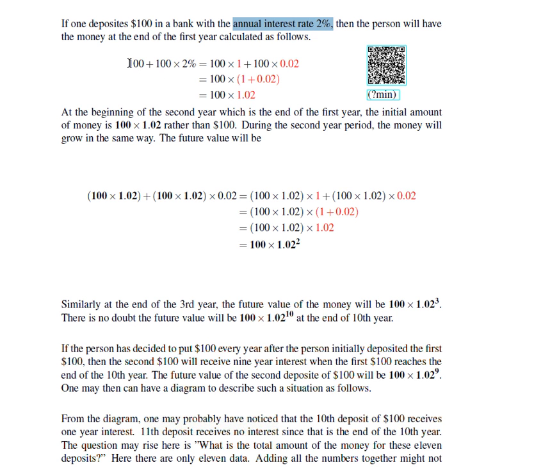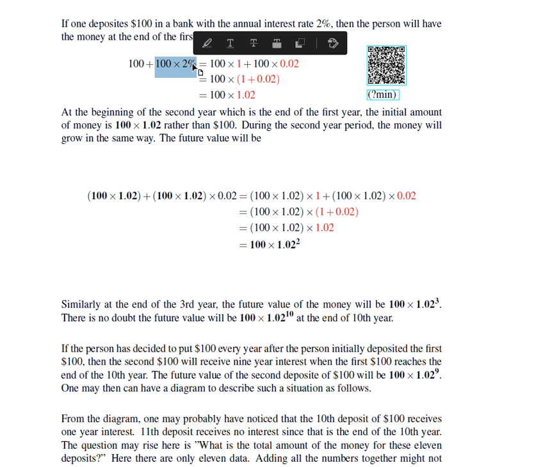So if one person deposits $100 and the annual interest rate is 2%, then everyone knows it is the initial amount plus the interest.